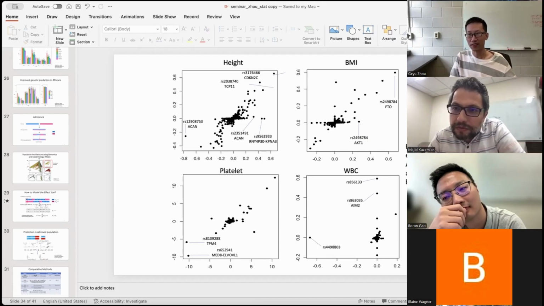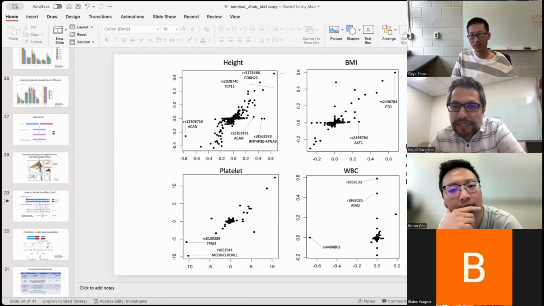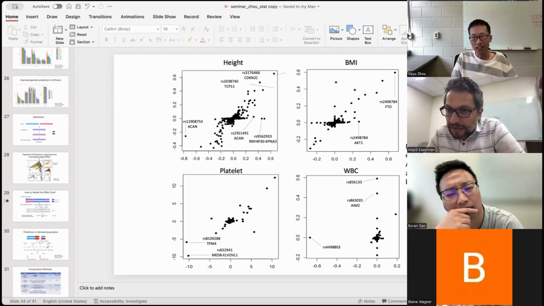Fair. And then do you think that additional modalities besides variations also have an effect on these predictions? Yeah, certainly the environment will have lots of impact.